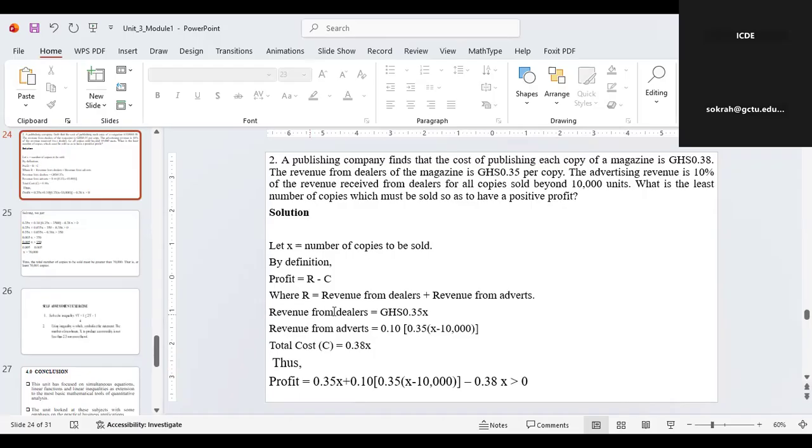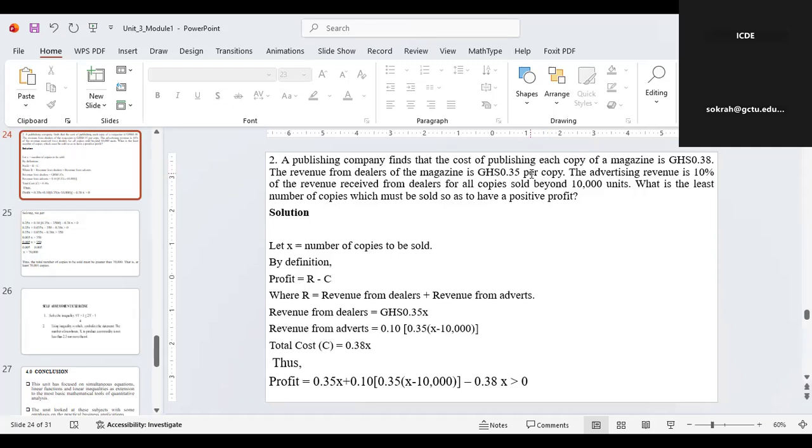So now let's look for revenue from dealers. The revenue from dealers, if you read, it says is 0.35 Ghana cedis per copy. Per copy. Now this copy, is it a book or whatever, we don't know.